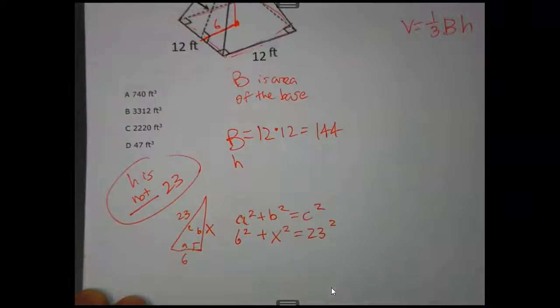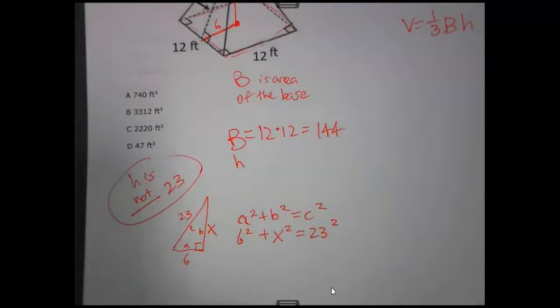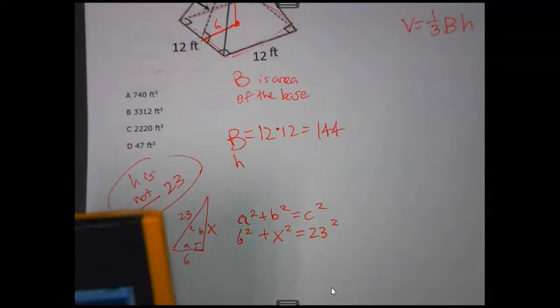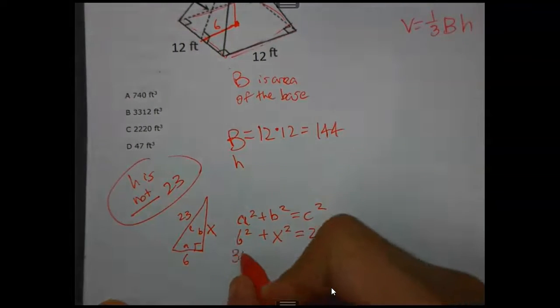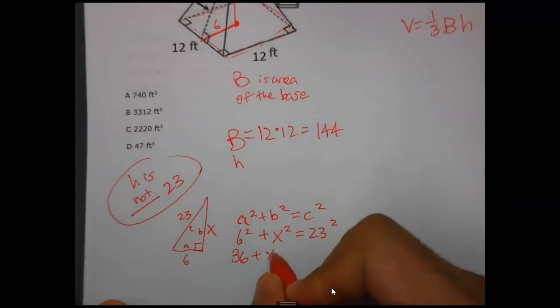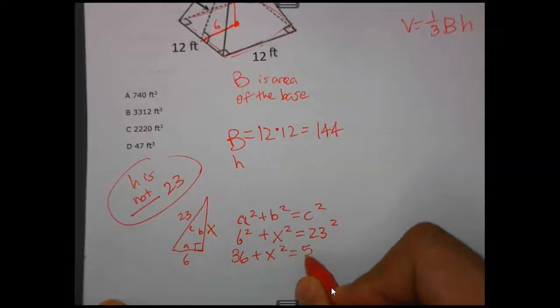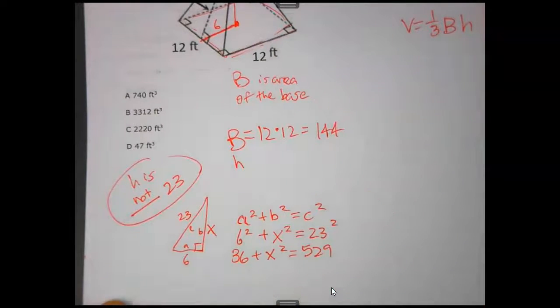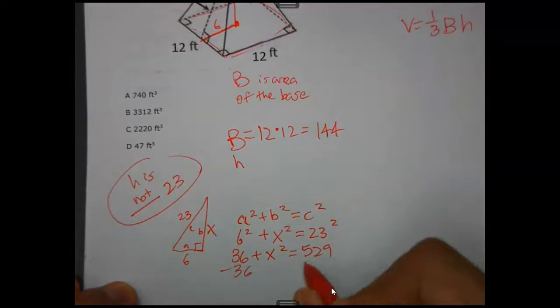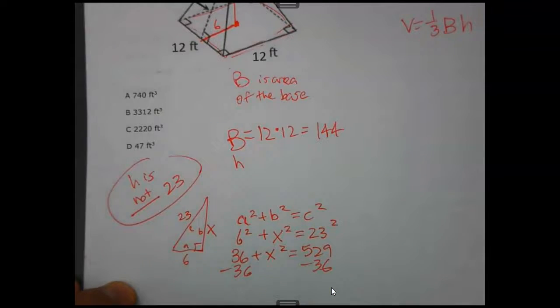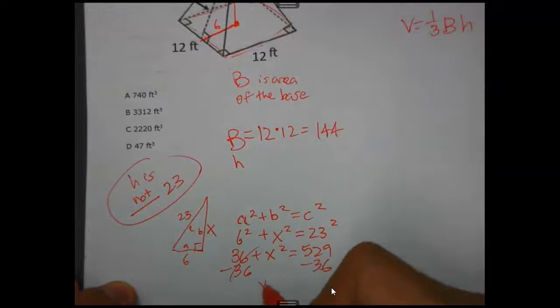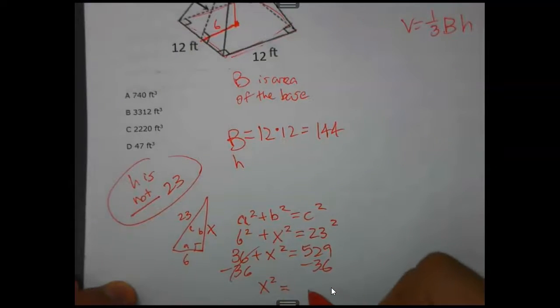So we can square these numbers. So 36 and 529 when I square them. Last two steps, I need to subtract, and then I need to get rid of a square with a square root.